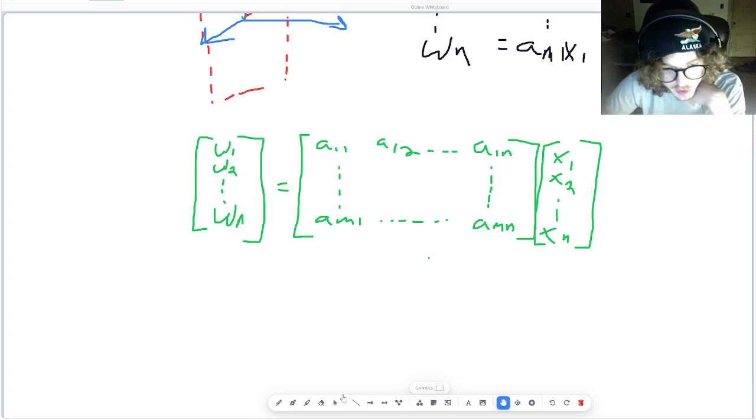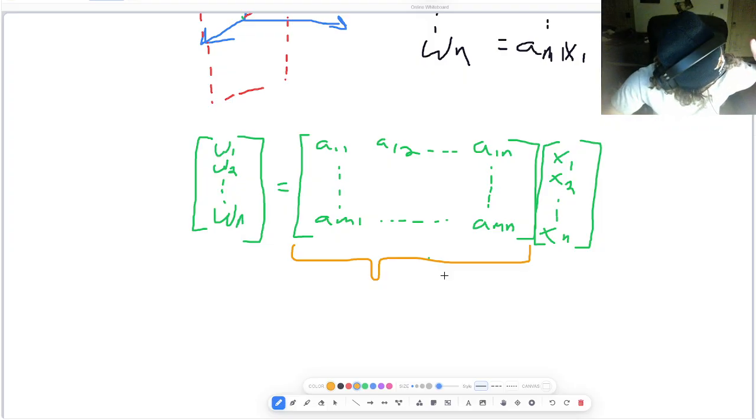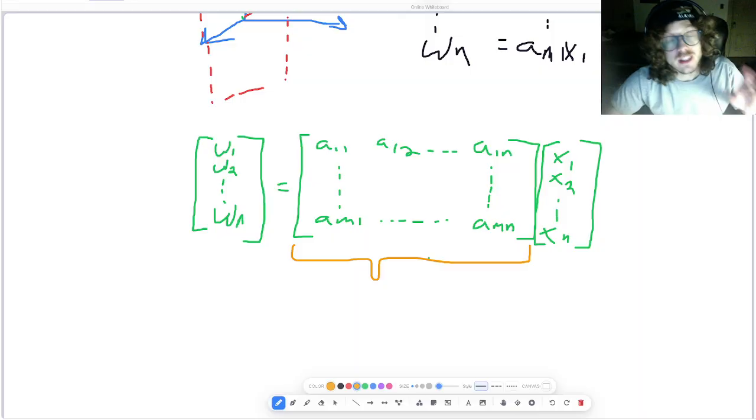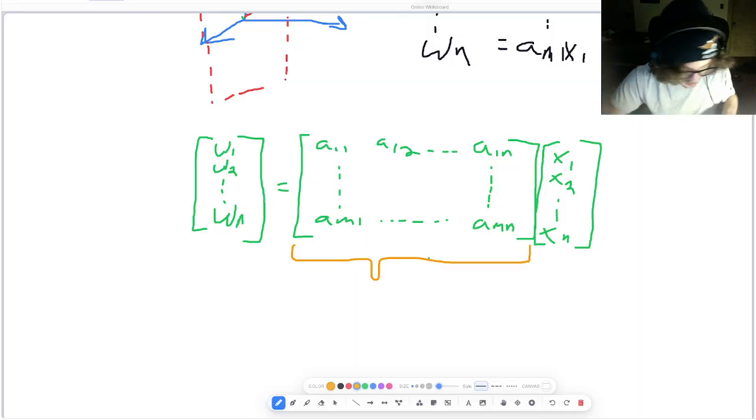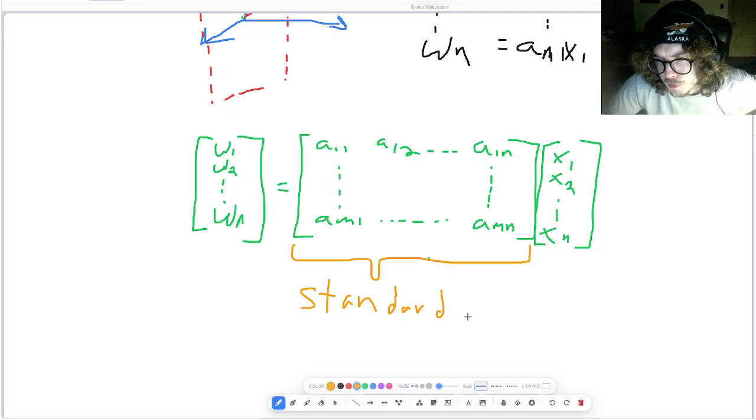This matrix here, we give a special name: it is called the standard matrix. I have my textbook here in case I get lost, but this is the standard matrix. I always forget the name of this guy. Not to be confused with standard basis vectors, although they do come in handy.